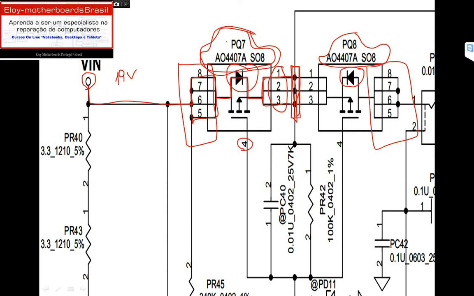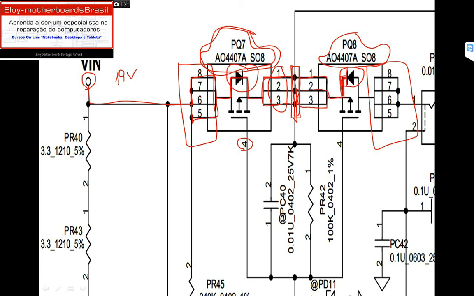the source of PQ8. When this voltage of 18 or 19 volts comes into the source, pins 1, 2 and 3, it will come to here, but the diode will make a barrier, a wall, and this voltage right here will be stuck in here.